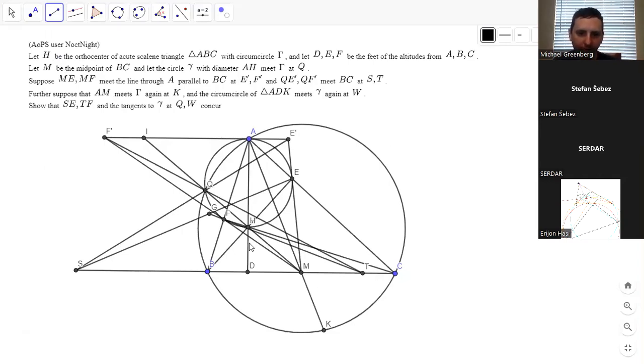We have, so MF and ME are tangent to this circle. That's just a well-known fact. Oh yeah, it's on this triangle. It's just upside down. That's why I didn't recognize it. But yeah, it's obvious.